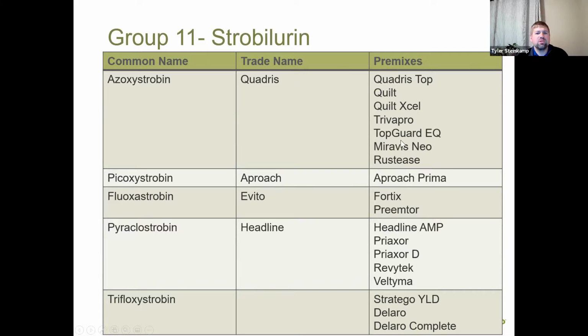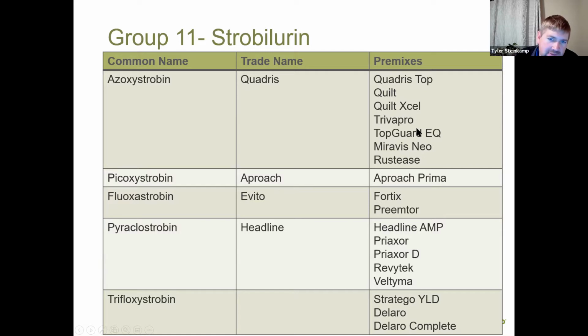The biggest difference between Trivapro and Miravis Neo: if I were in the north, I would say you're probably going to have better luck with Miravis Neo than you will with Trivapro on corn. Once you get down into the southern part of Iowa, where we start to see things like rust every year, in particular some of that southern rust that blows up from the south, I think you're going to have better luck with Trivapro over Miravis Neo.